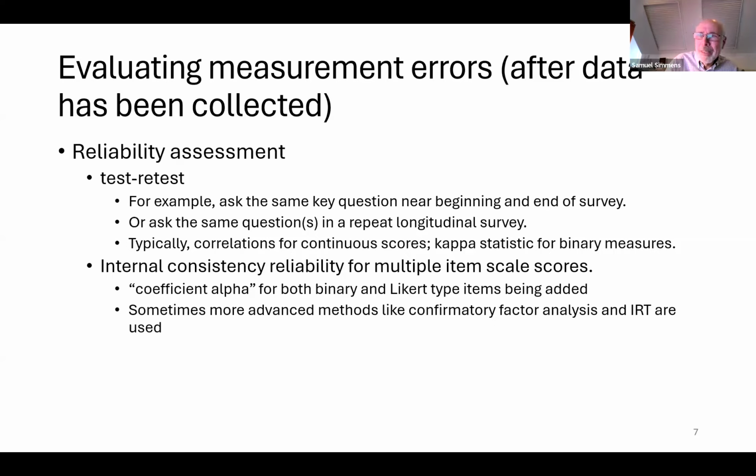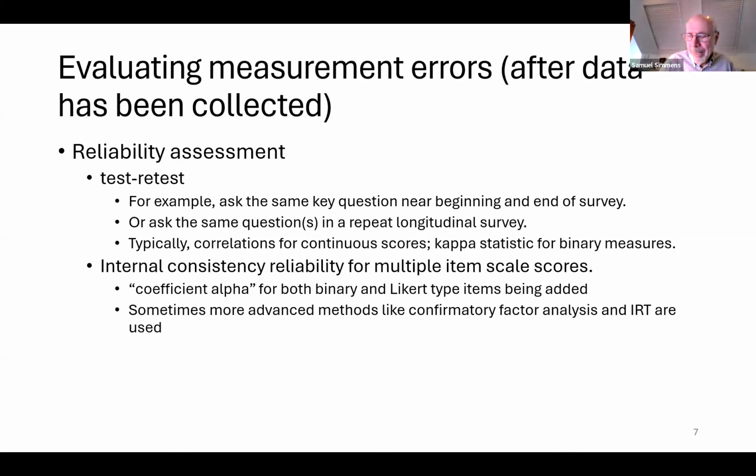As part of that internal consistency reliability, it often comes, as a side outcome, with an item analysis that can help you determine whether certain items just don't fit well with the other items, because essentially they're correlating very poorly with the other items.